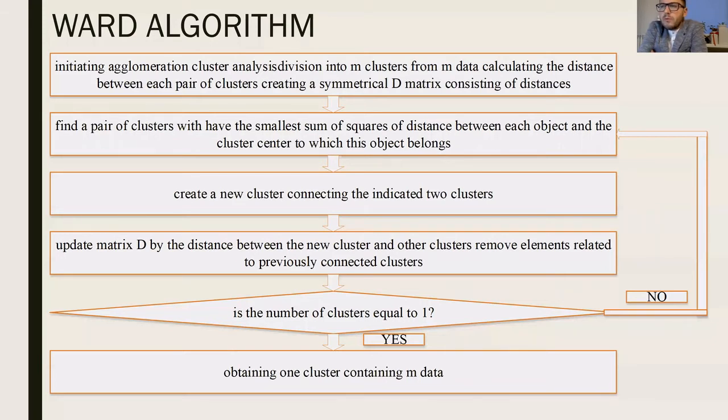And then we look for the clusters for which the distance between two objects is the smallest one. Then we create the moment in which these two are connected into one cluster. And then we update the calculation. Finally, we check if we should stop, I mean, whether all the data are connected into one cluster. If yes, we just finish our method.